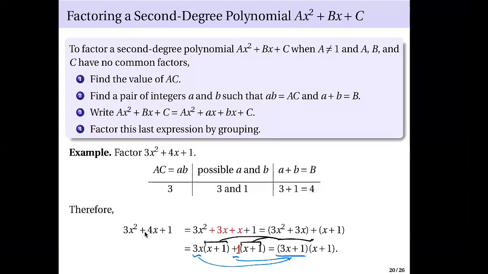So 3x squared plus 4x plus 1 is factored into 3x plus 1 times x plus 1.